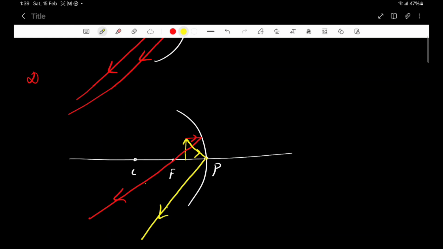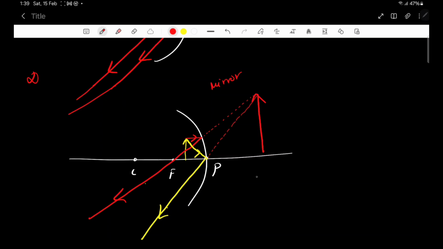But if they are diverging, they will definitely not meet on this side. So to get the image location, we can imaginarily extend them backwards. They seem to be meeting somewhere inside the mirror, in the mirror world. So this is where the final image is formed.